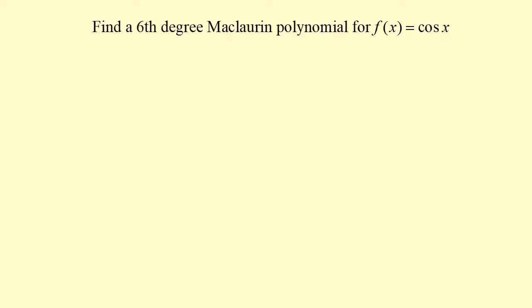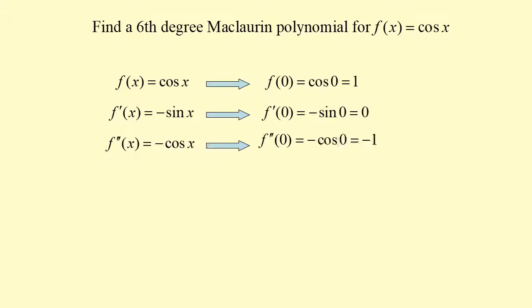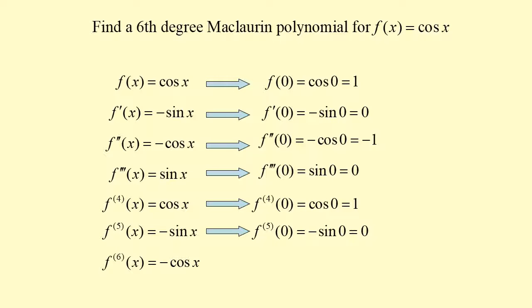Now, using that formula, we can find the 6th degree Maclaurin polynomial for cosine of x by doing each derivative and substituting a 0, which is where we're centering it, all the way up through the 6th derivative. And then put those into the formula that we just derived.